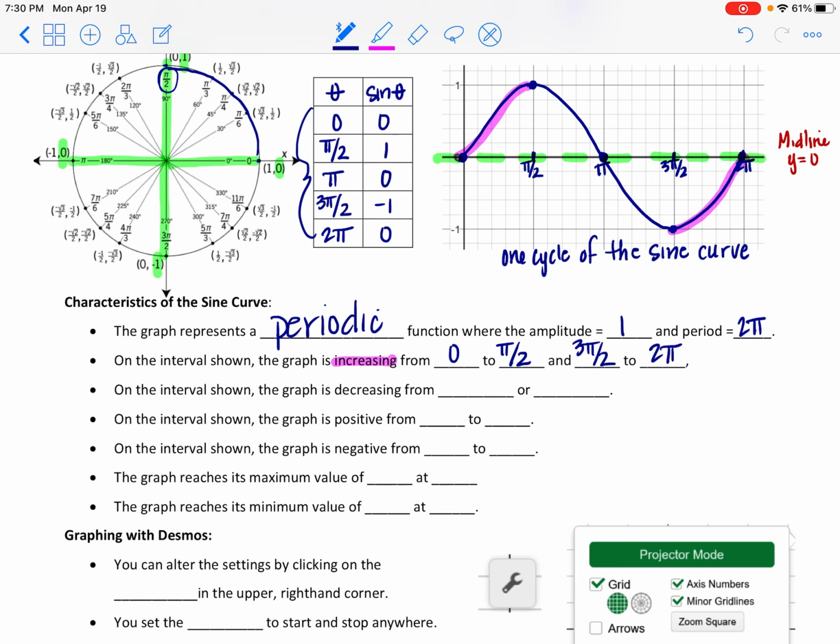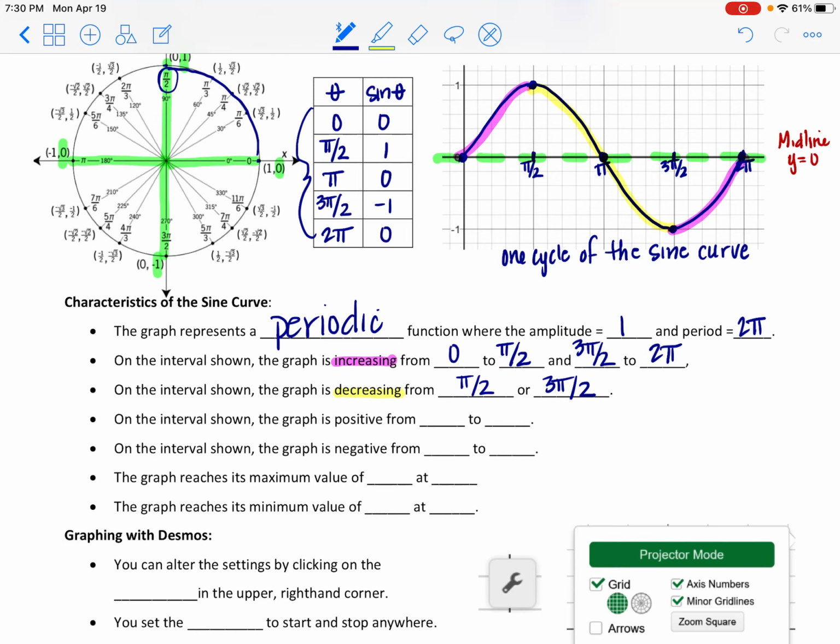Remember, we use the x values to say where we're increasing or decreasing. And decreasing is going to be this portion of the graph, which is from pi over 2 to 3 pi over 2. So from pi over 2 to 3 pi over 2, we have a graph that's decreasing. This is just to get some vocab review in for us, okay?